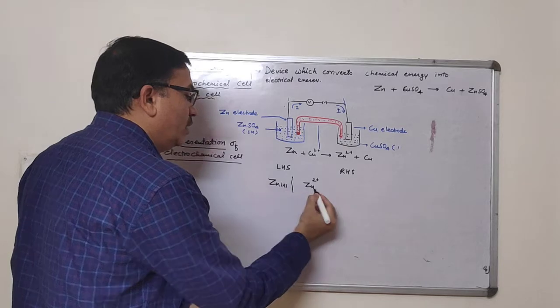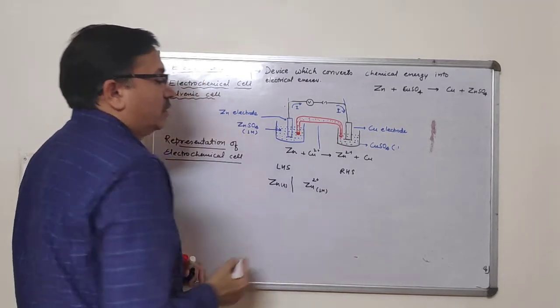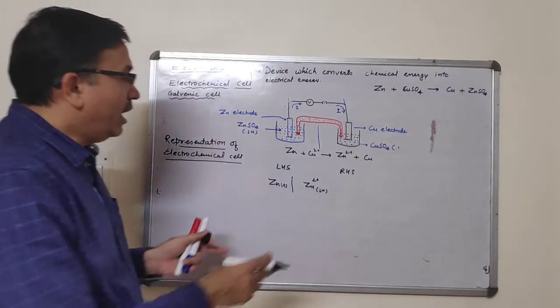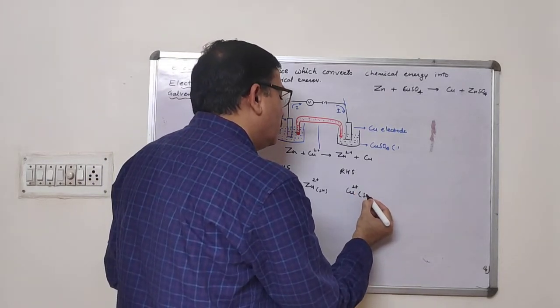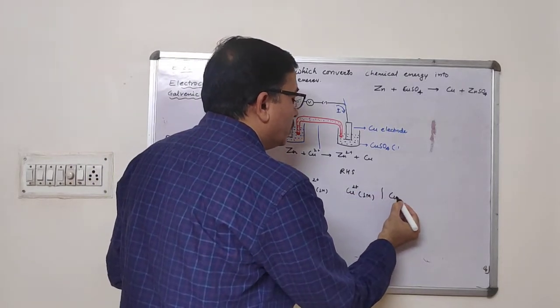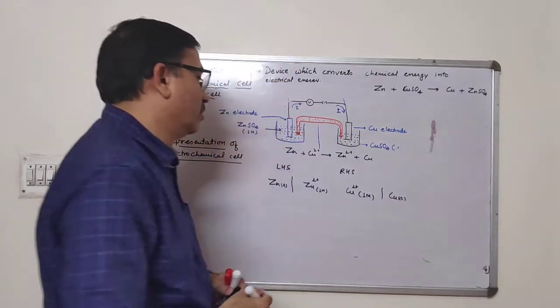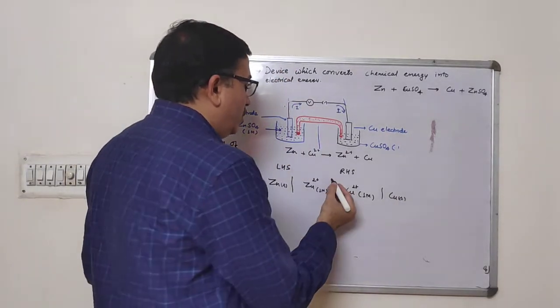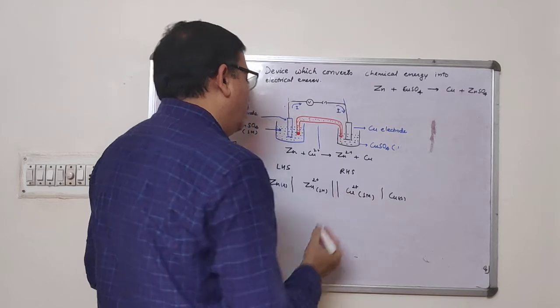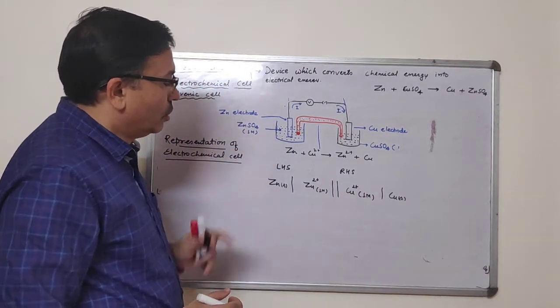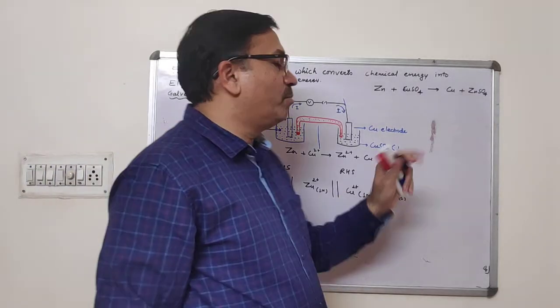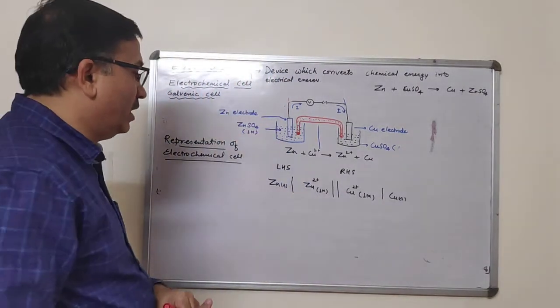This was solid, this was with 1 M concentration. And at the cathode, copper 2+ with 1 M concentration converts to copper solid, and two parallel vertical lines represent the salt bridge. So this is the one line representation of an electrochemical cell.